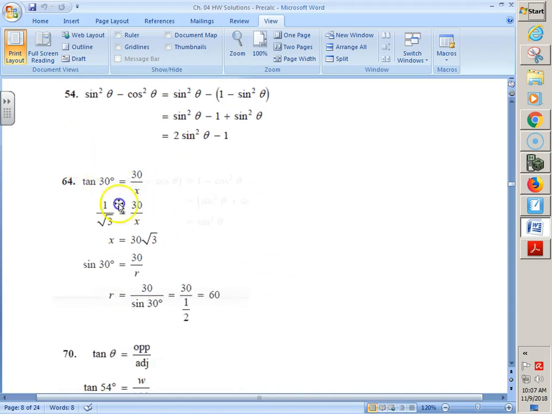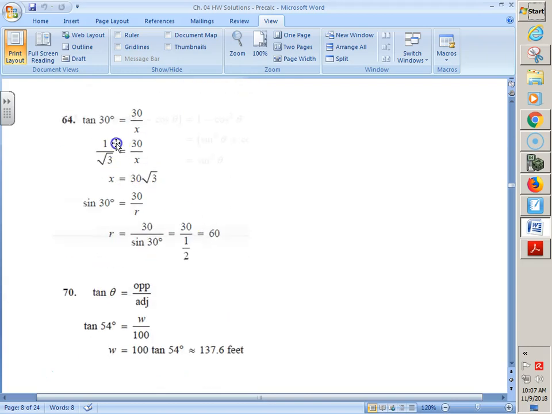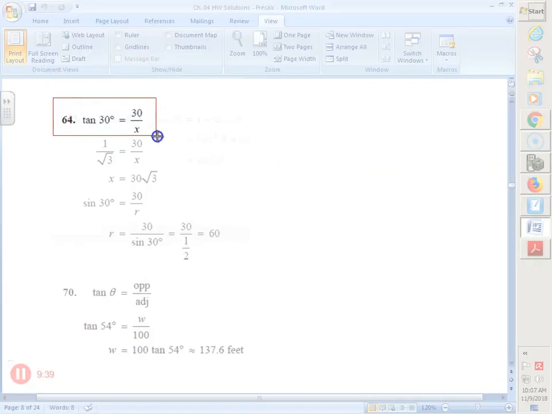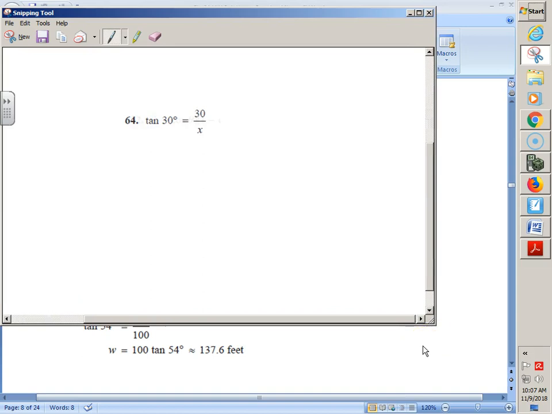64 was one of those triangles missing a piece, right? They used tangent. It was the best one with opposite and adjacent, and solve, solve, solve. They did it a little bit of a funny way because this is a unit circle value. You could have also done it with square root of 3 over 3.